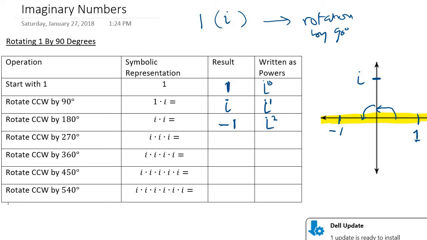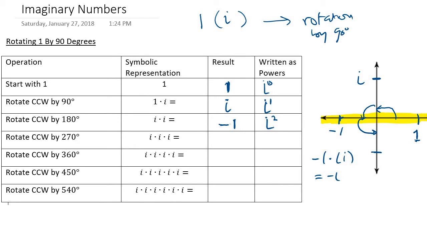If I continue and rotate this number again by another i, that means I'm going to multiply -1 times i, which will give me -i. I just take that -1 and rotate another 90 degrees, and it lands back here at negative i.